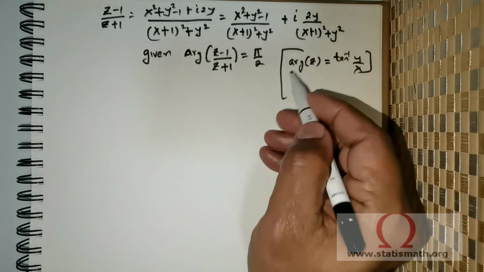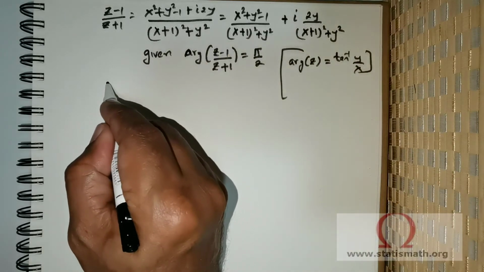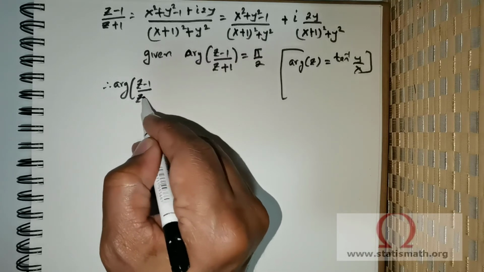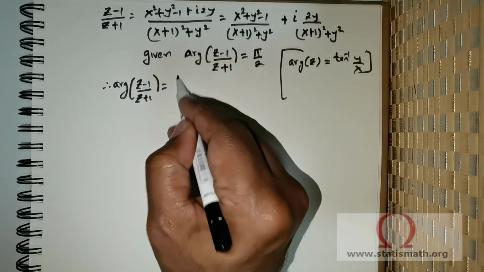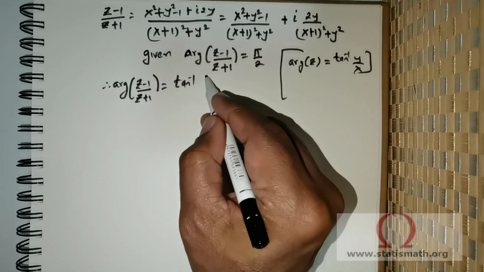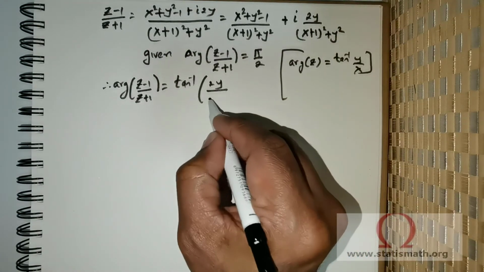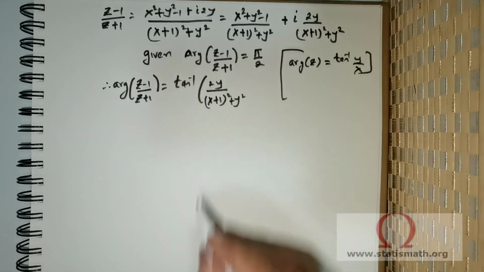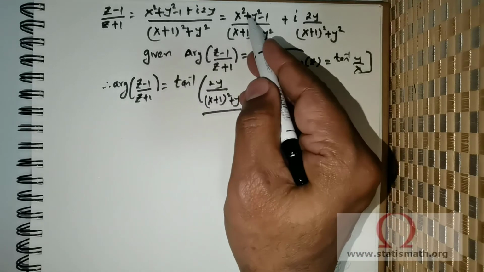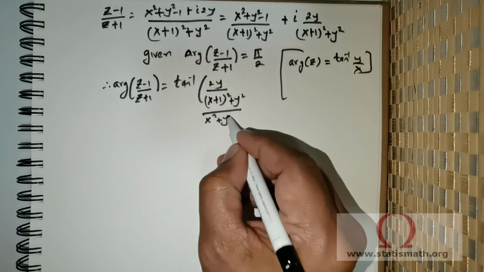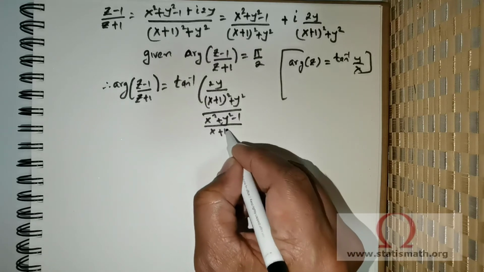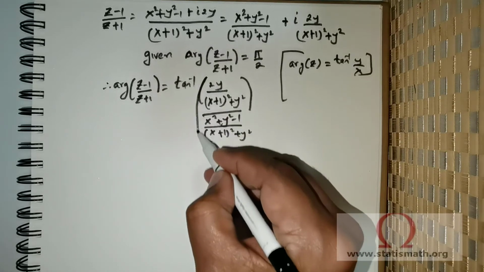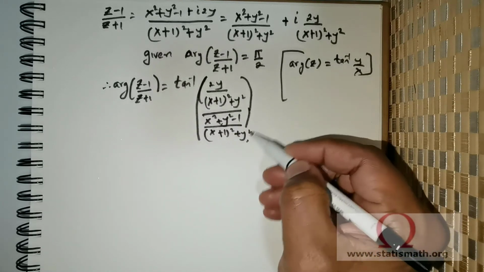So the argument of (z − 1)/(z + 1) is going to be equal to tan inverse of the y term, 2y/((x + 1)² + y²), divided by the x term, (x² + y² − 1)/((x + 1)² + y²).